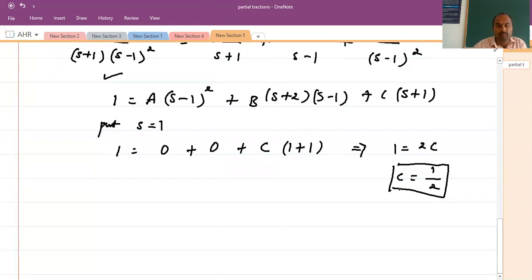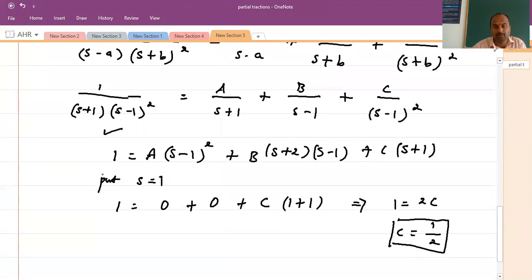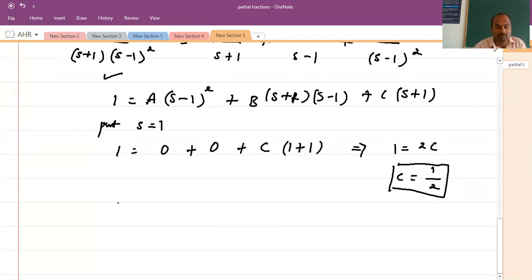So now we'll find another one. Therefore, it is not s plus 2, this is s plus 1 here. Now I'll substitute s equals minus 1. So the first term on the left hand side is 1, a into minus 1 whole square.